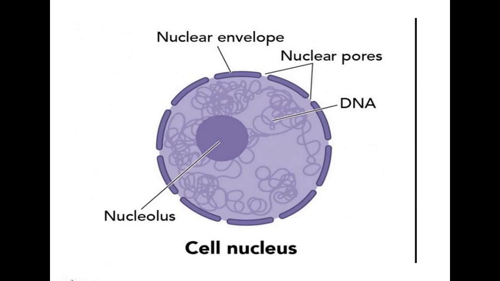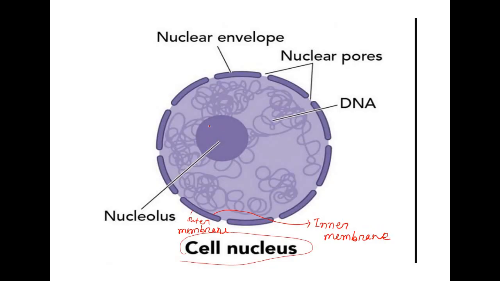You can see this is the image of the cell nucleus. It is a double membrane. This is the outer membrane, and this one is the inner membrane.